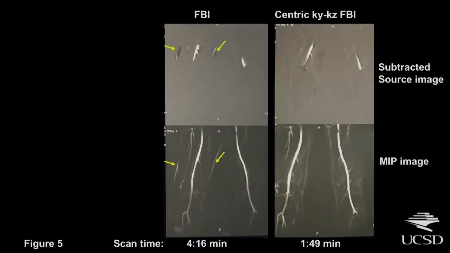And this is the standard FBI compared to centric FBI. You can see the subtracted source image shows the N/2 artifact, and centric FBI shows less of the N/2 artifact. Scan time depends on the ECG RR interval, but scan time has been reduced to 1/2 to 1/3.